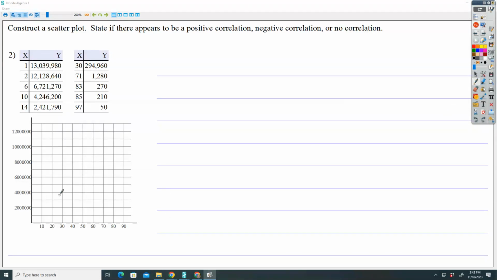1 and 13 million. I'm going to put the commas in. So 1 and 13 million or so would be up in here. And then 2 and 12 million would be somewhere in here.